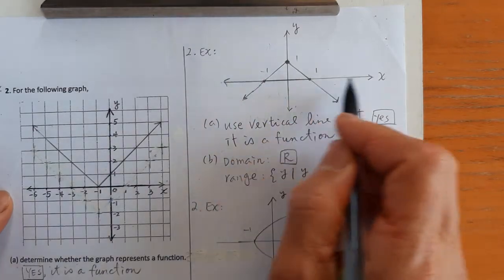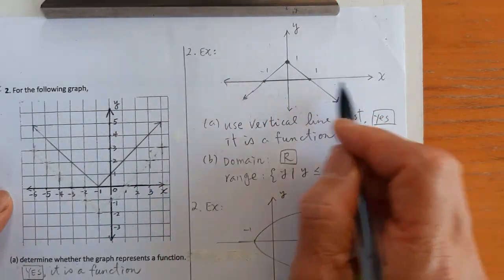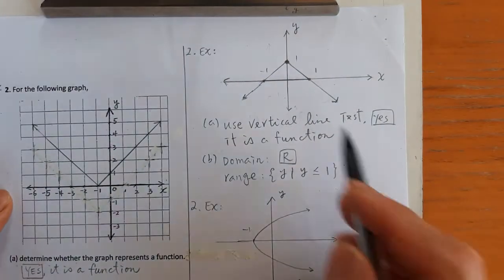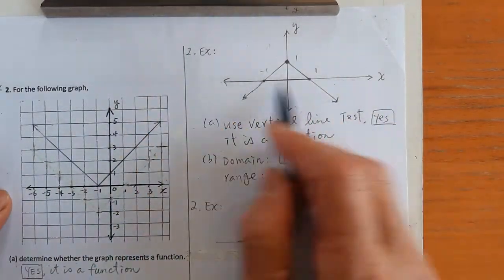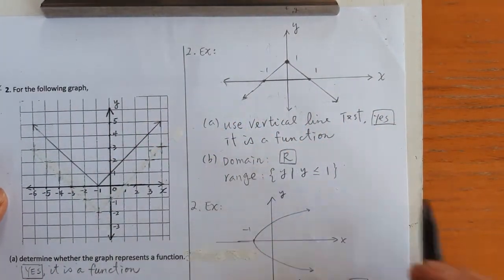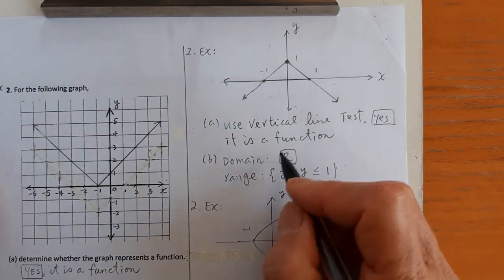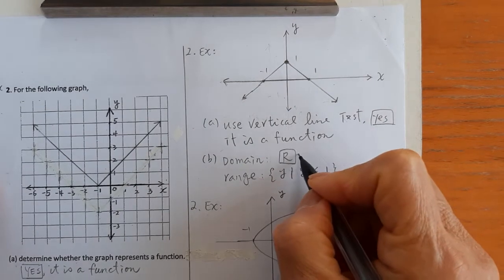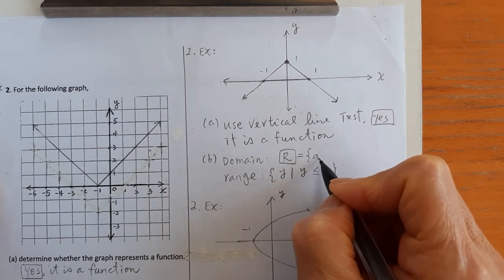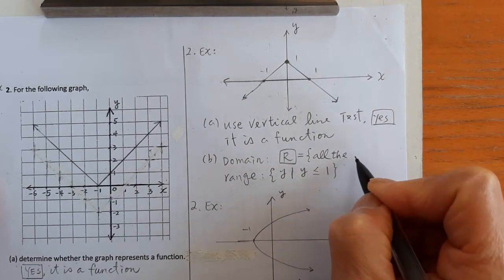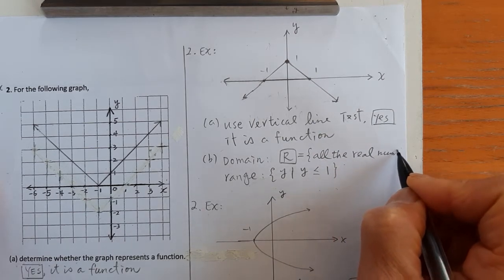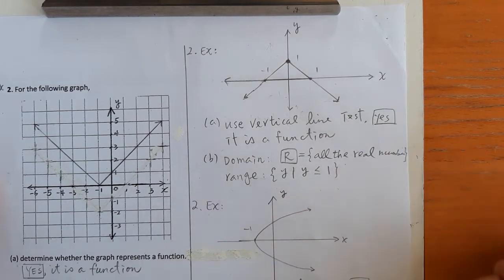Domain comes from the x-axis, the x coordinate. This can be extended, so it covers all the x. So the domain is all the real numbers. R means all the real numbers. You can put R, or you can put it the same as this: all the real numbers.